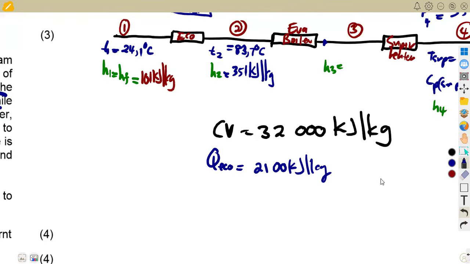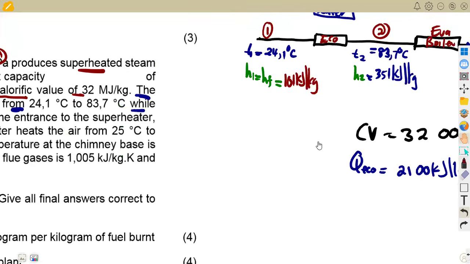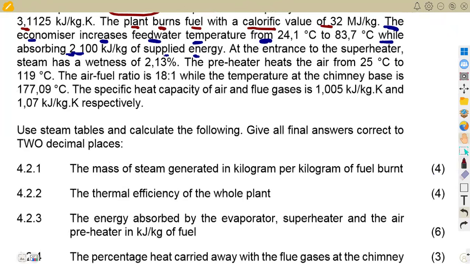Remember how you calculate these energies: the energy for the economizer is mass of steam over mass of fuel times H2 minus H1. For the boiler, H3 minus H2; superheater, H4 minus H3. We talked about that. So they gave us that, meaning you can play with that formula to find something that is missing. They won't just give you this value, because you are the one who is supposed to calculate it. So you must have that question in your mind: why are they giving you this? Something has to be calculated there. No problem. Let us see.